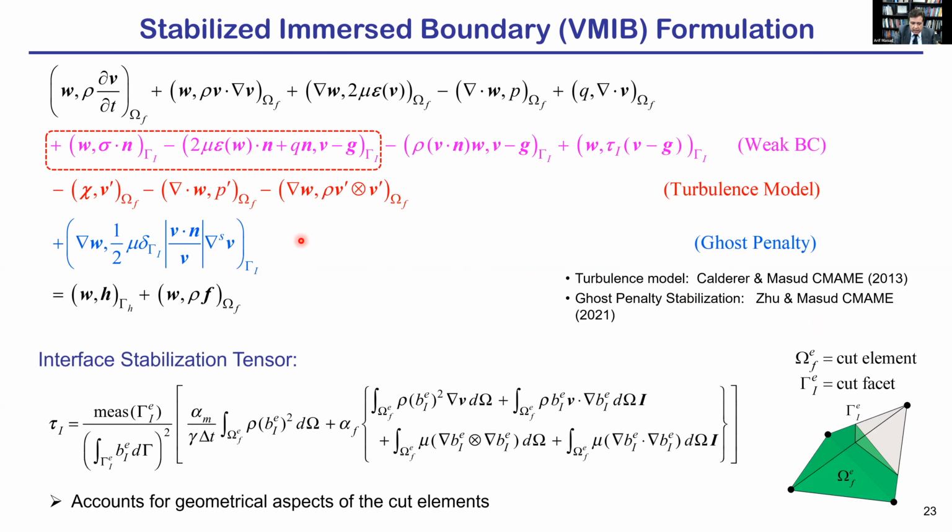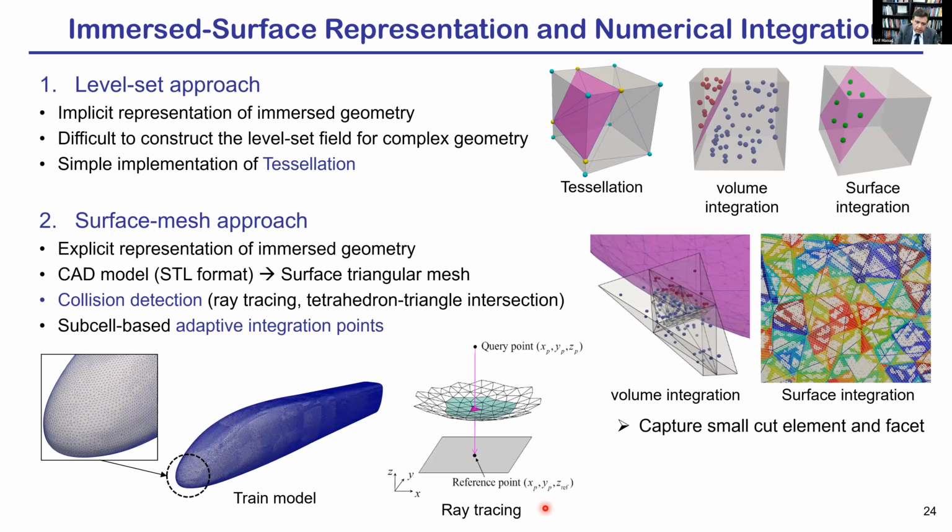So with these terms in hand, we can also get the stabilization tensor. You can see that the stabilization tensor has the effects of the domain interior terms, the operators, in there. It also has the information about the cut facet, and this is represented in here. So it fully accounts for the geometrical aspects of the cut elements as well.